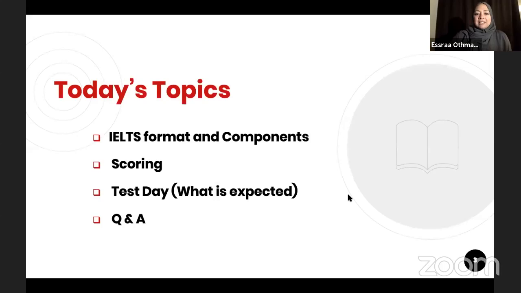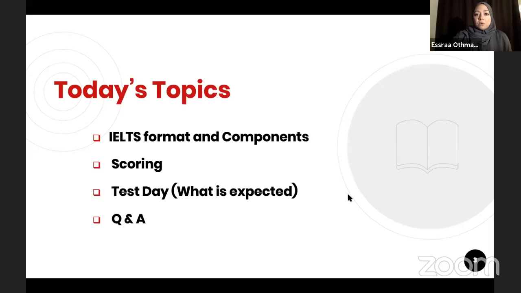So today's topics would be, we're gonna know more about the IELTS format, what the exam is formed of, and we're gonna try to analyze each part as much as we can, and see some samples of questions. We're gonna also know how the scoring works and what it means to get a certain score on IELTS.